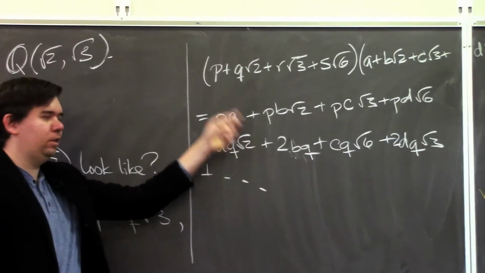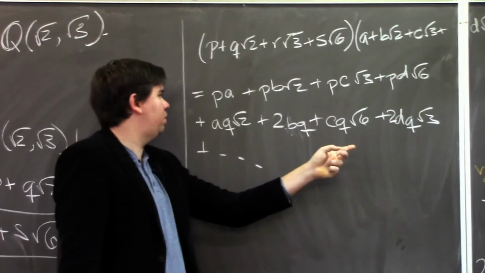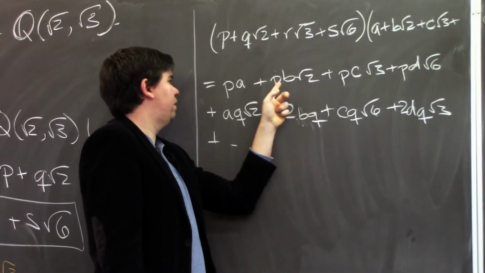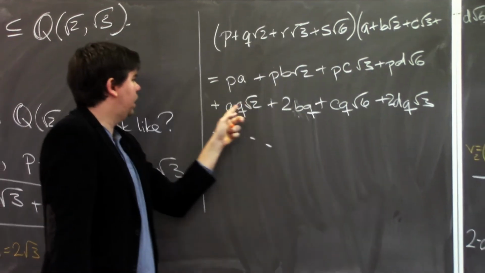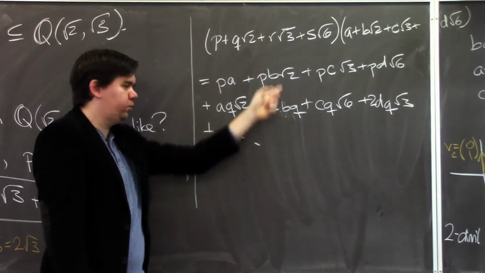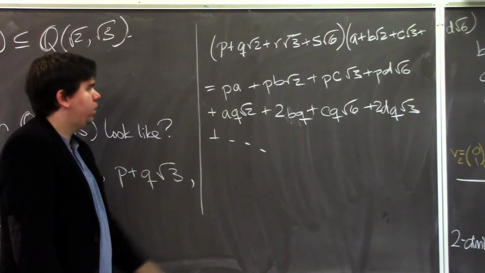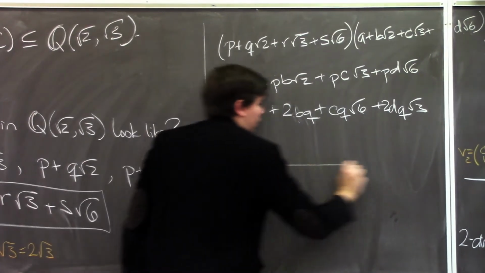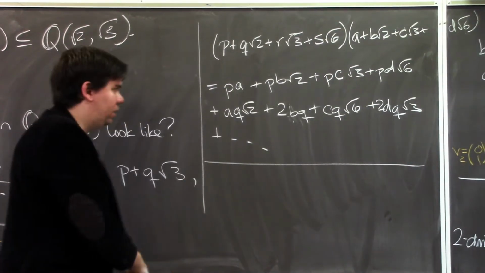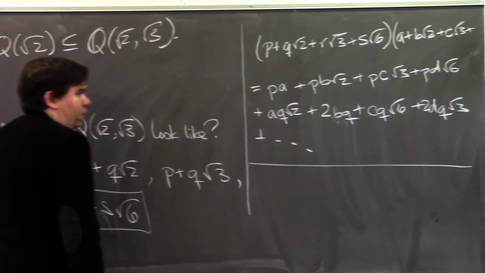And then you add the respective pieces, so you end up with, in front of square root of 2, pb plus aq plus so forth and so forth, square root of 2, and so on. Okay, so I think it's pretty clear that it's closed under multiplication. This doesn't take too much work to convince yourself of.